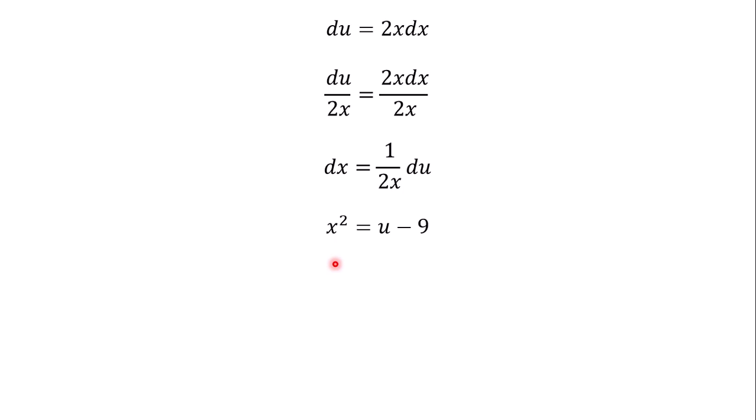I mean, after the cancellation, whatever is left at the end of the day, if you want that one also to be in the u world, what is going to replace it? So when we do the cancellation, you will see that we are going to get x squared at the end of the day.